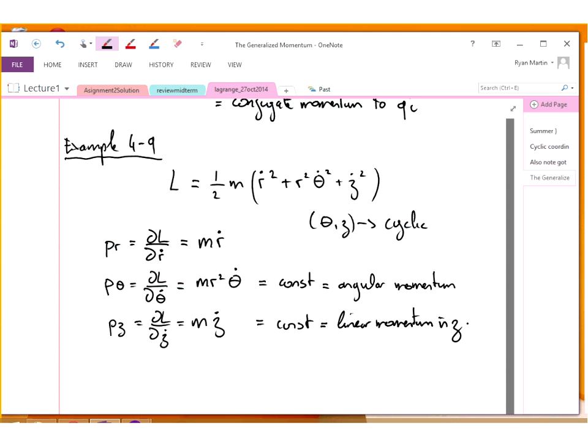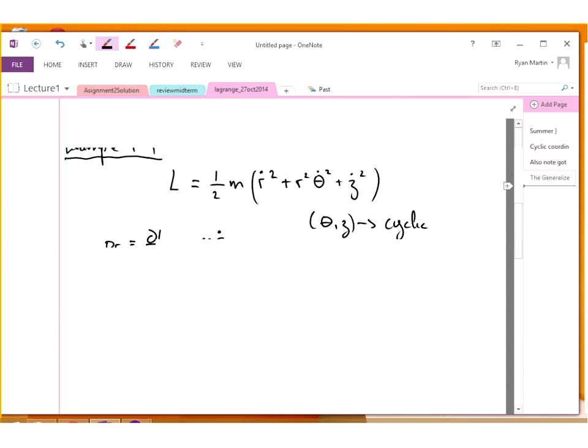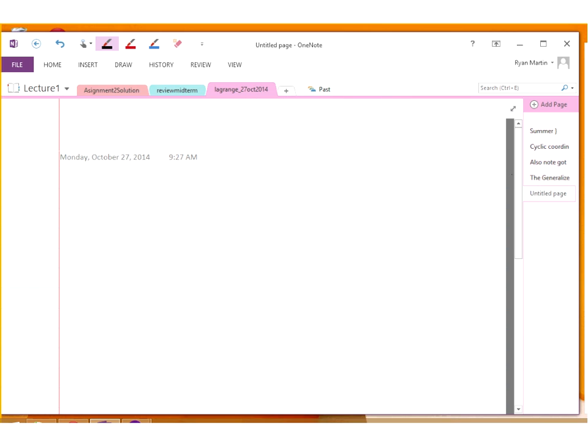The next topic becomes a little bit more mathematical. So the question is, we found that we have these cyclic coordinates and that their equations of motion can be written trivially. So maybe there's a way to just ignore them and reduce this to a smaller problem with fewer degrees of freedom.